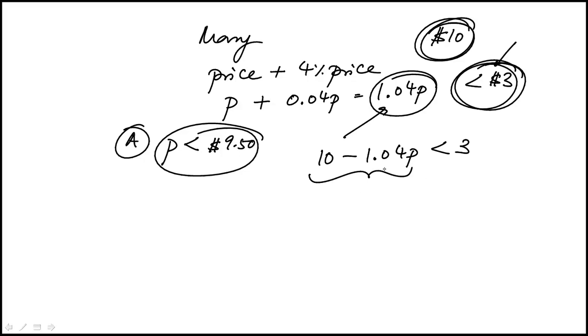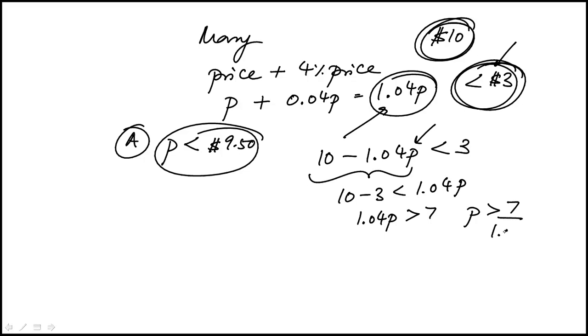So that gives me one inequality or constraint on P. This is 10 minus 3 is less than 1.04 P, which is the same as 1.04 P is greater than 7, or P is greater than 7 over 1.04. I'm going to use the calculator for this. This turns out to be P is greater than 6.73. So I know that the price has to be greater than 6.73.